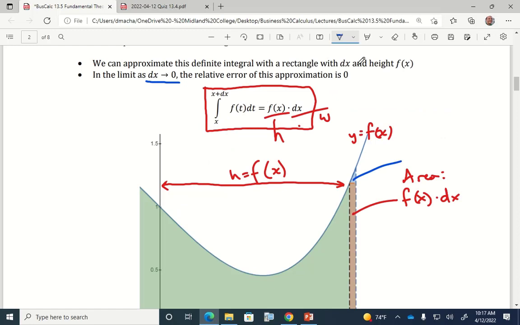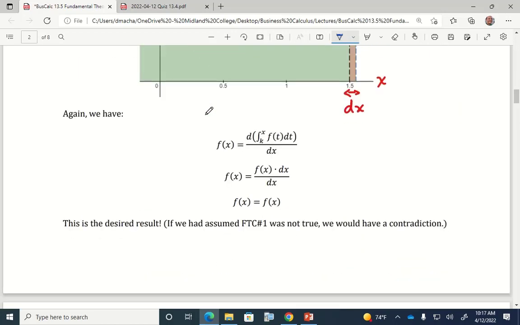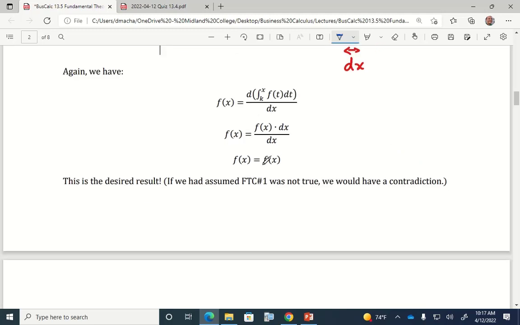So we're going to just call this an equivalence, because I'm going to say that dx is going to approach 0 in the limit. And so instead of writing this change in the value of my definite integral associated with the dx change, I can write the area of that rectangle approximation, f of x times dx.